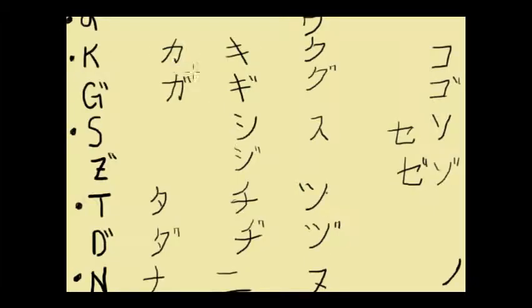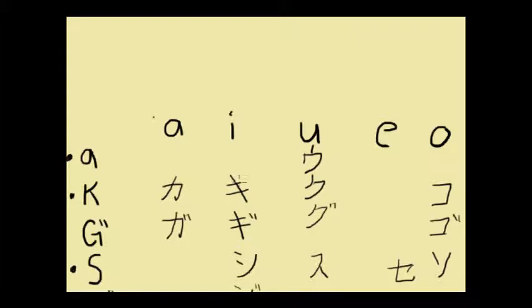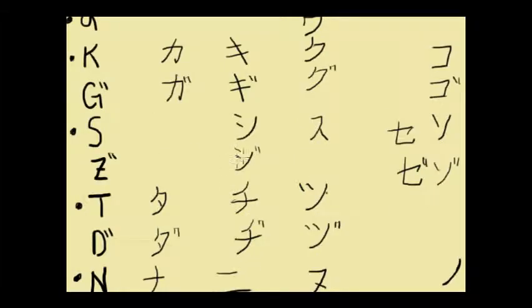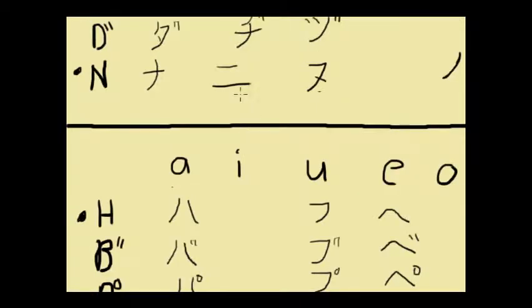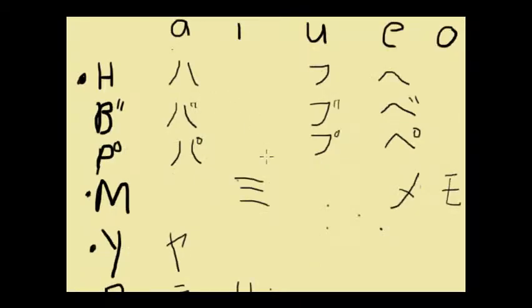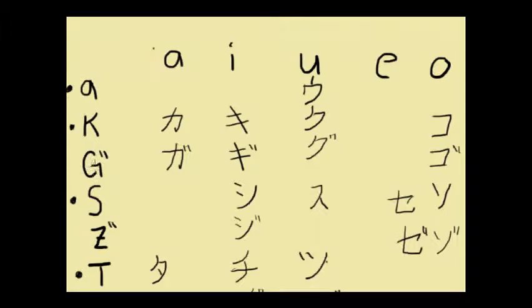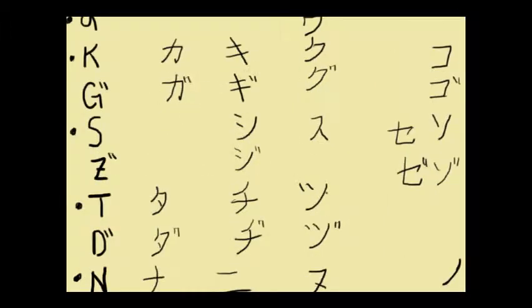You can also go along with this line and do the kya, kyu, kyo, sha, shu, sho, nya, nyu, nyo, and so on and so forth. You also do the gi, so gyo, gyu, gya, all the voiced versions.